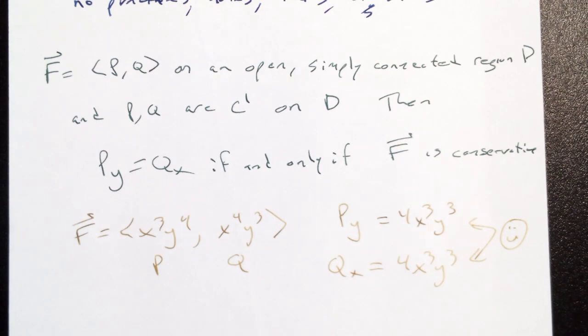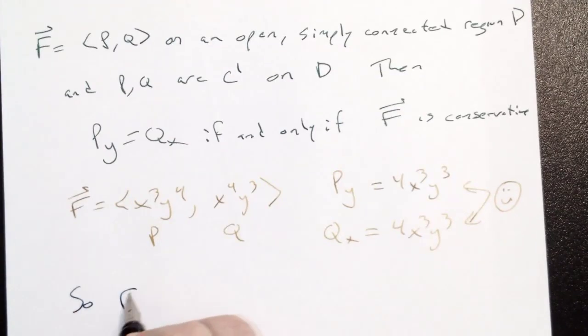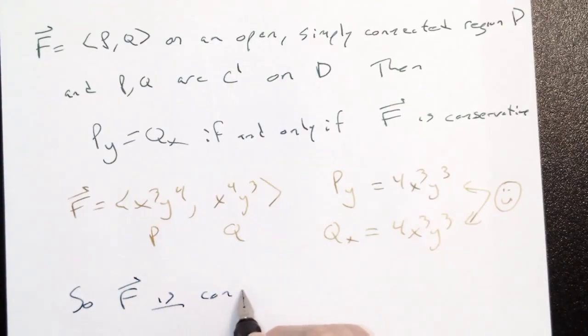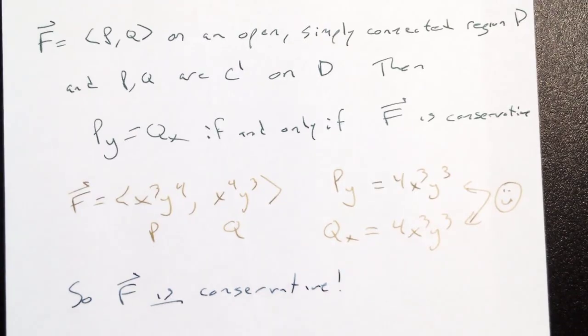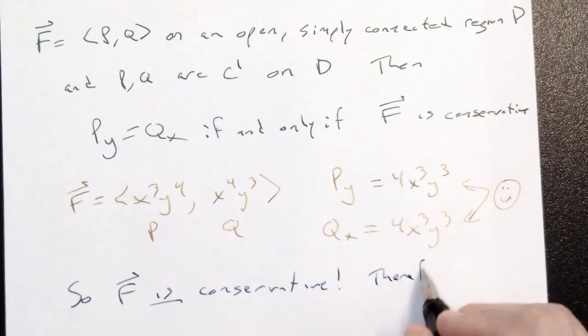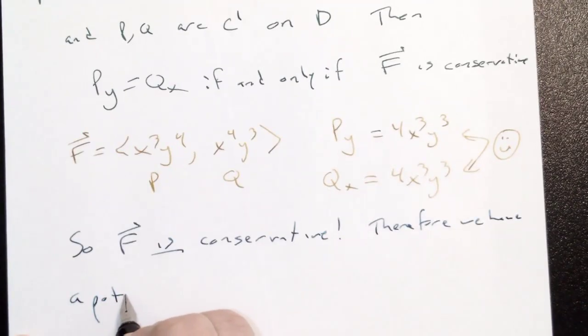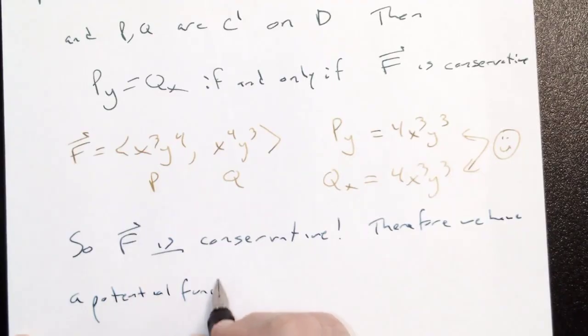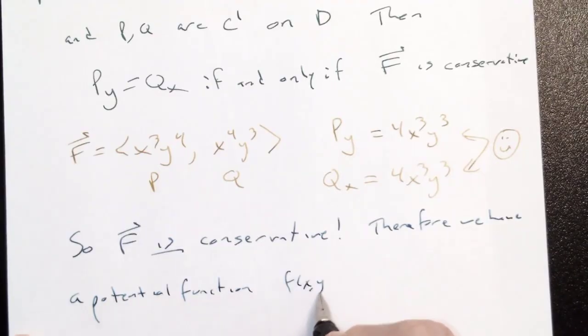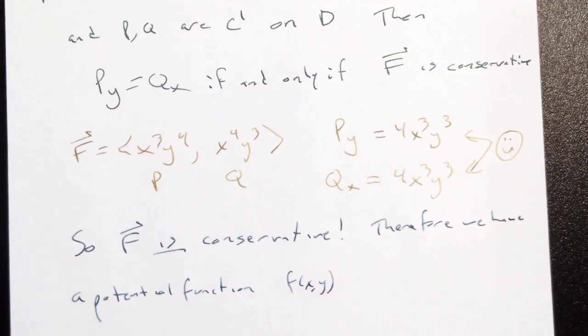If my vector field is conservative, I have to have a potential function. Now, we already know what the potential function is, but earlier I told you I pulled it out of thin air.